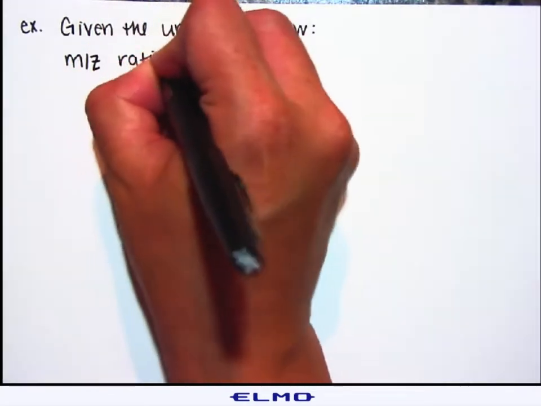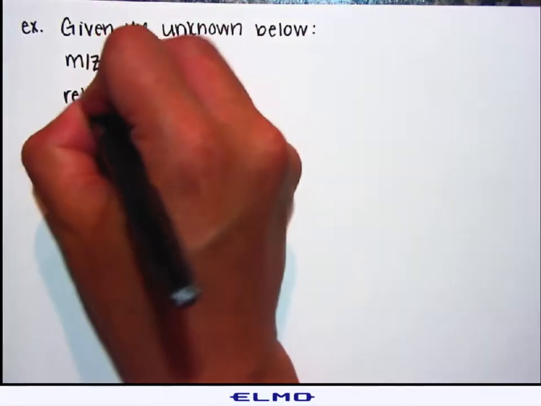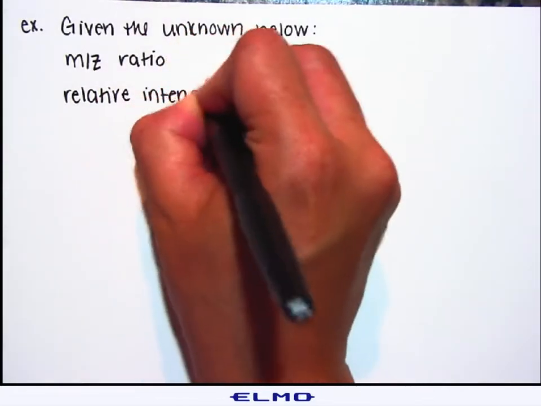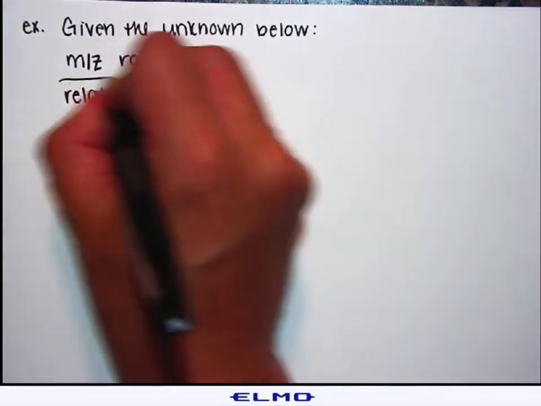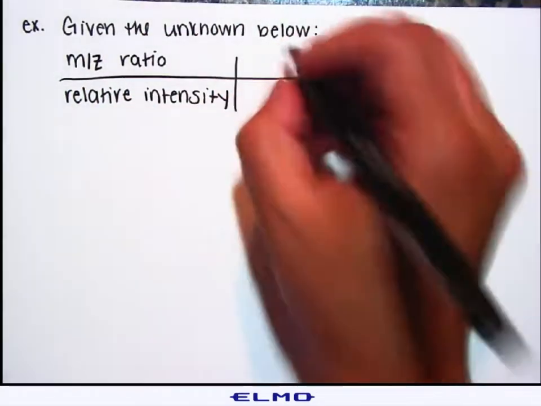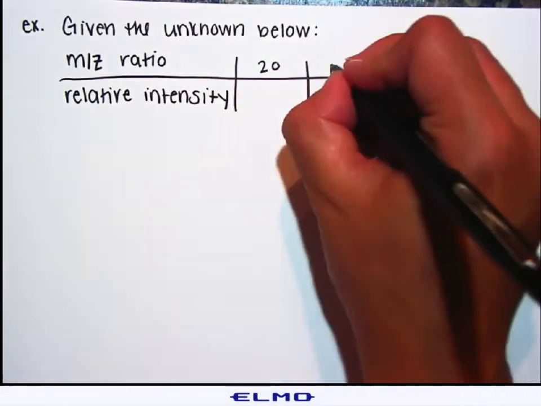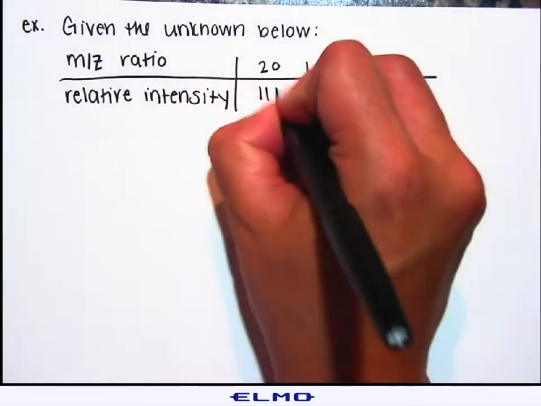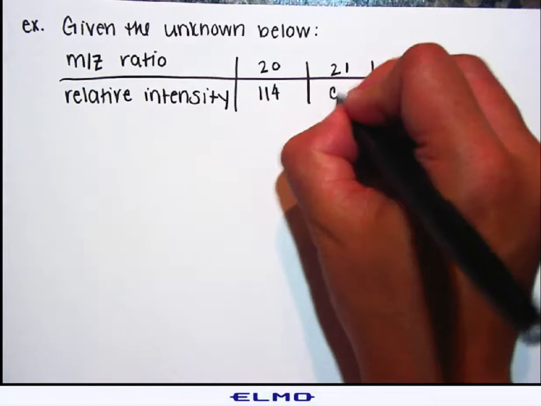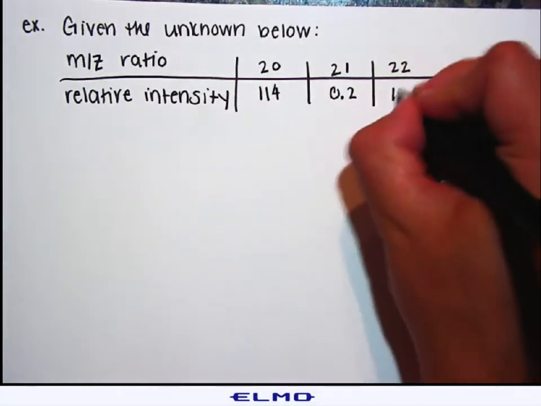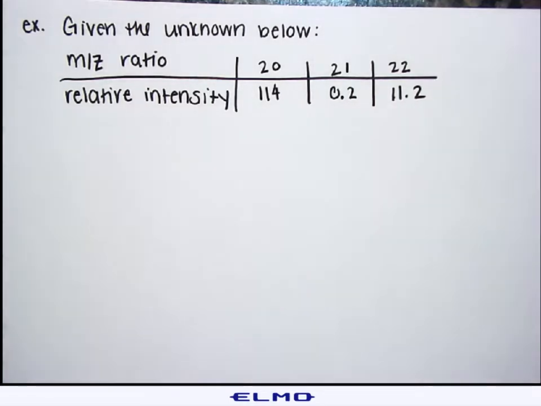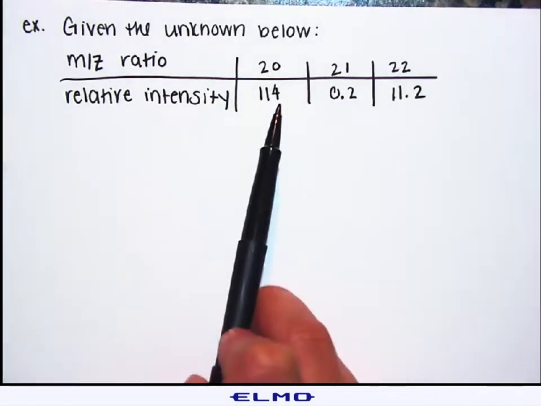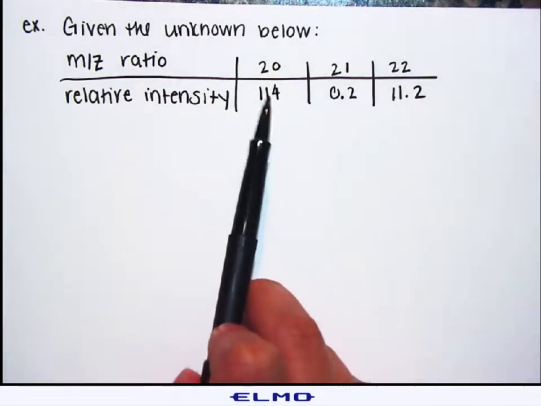We have the M to Z ratio, and we have the relative intensity, and just 3 isotopes. So just looking at this data, we could make a prediction that our average atomic mass is probably going to be pretty close to 20 because the isotope with the mass of 20 is the most abundant.